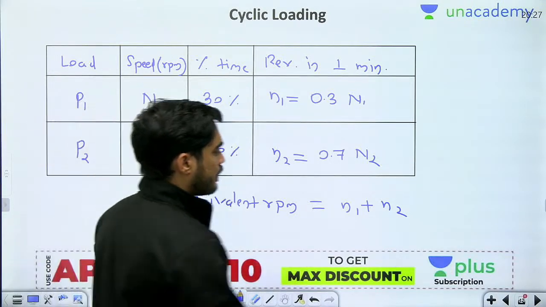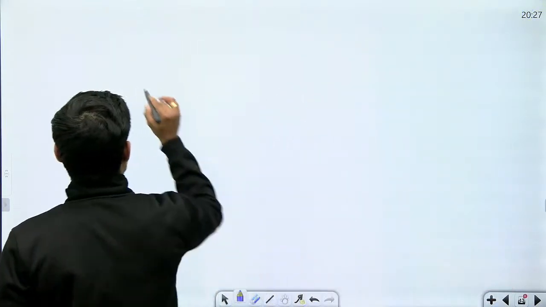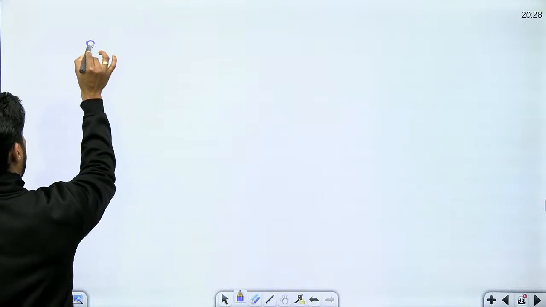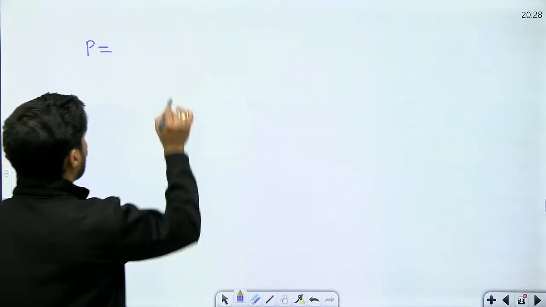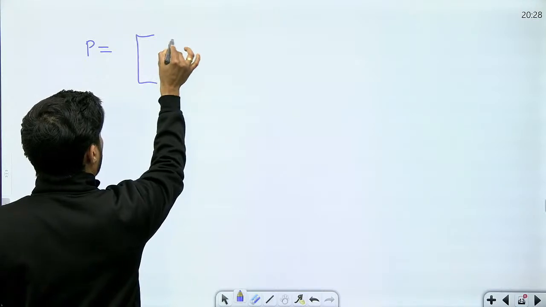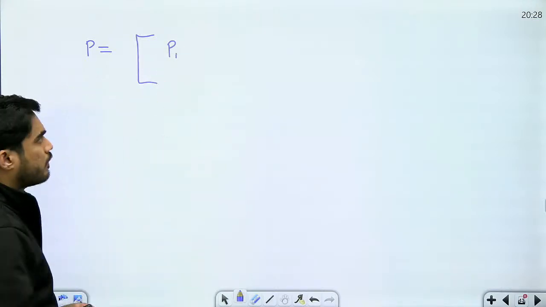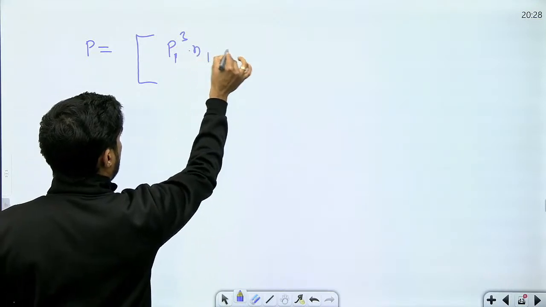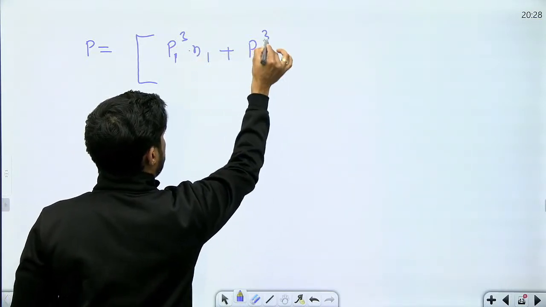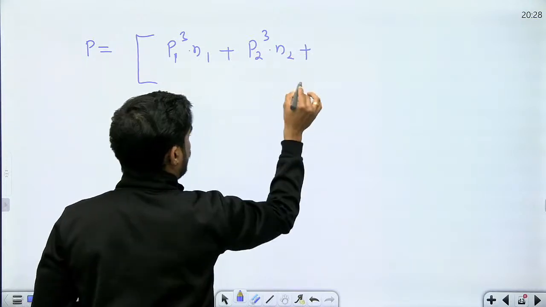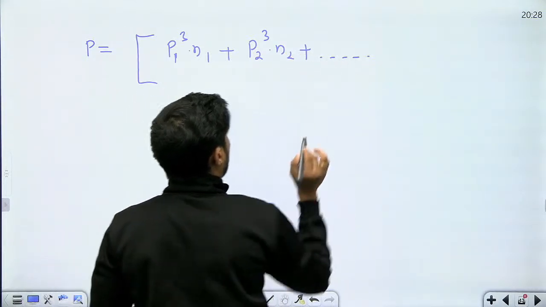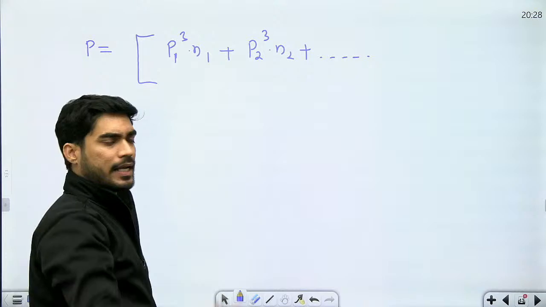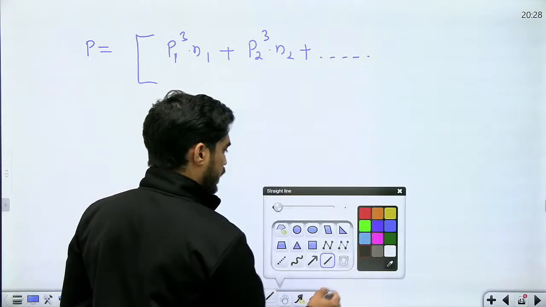So for that we have this equation. P equals P1 cube into N1 plus P2 cube into N2 plus P3 cube into N3. There might be many loads, right?